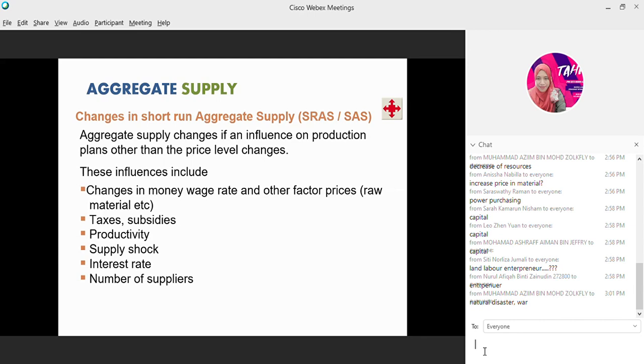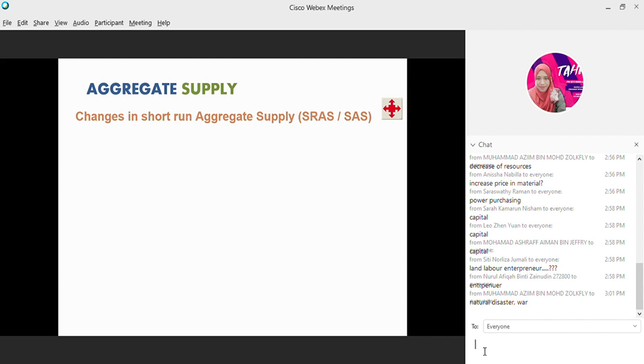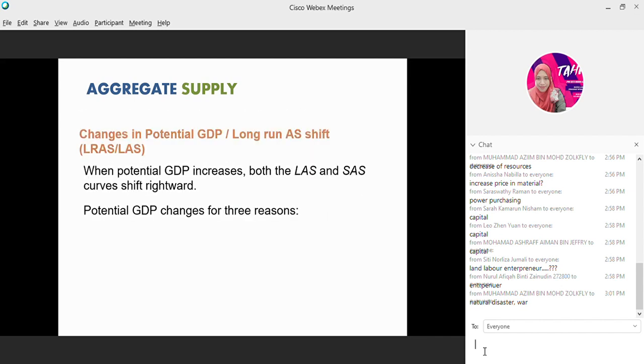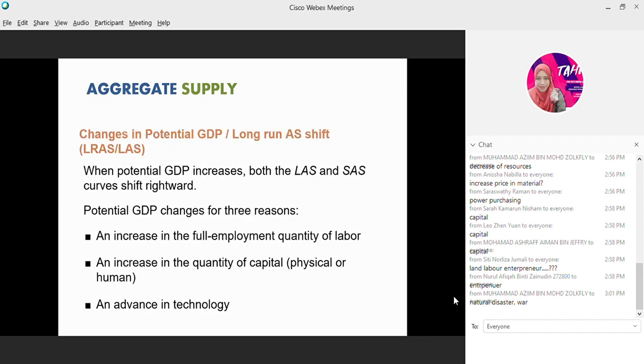And when we talk about the factors that will shift SAS, you have to remember, now back to this one, for the long run first.